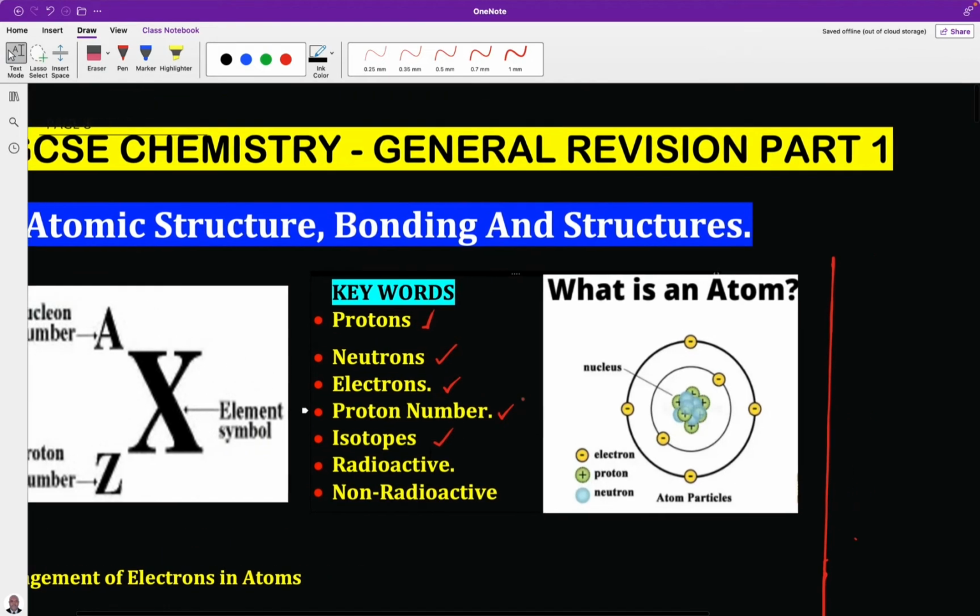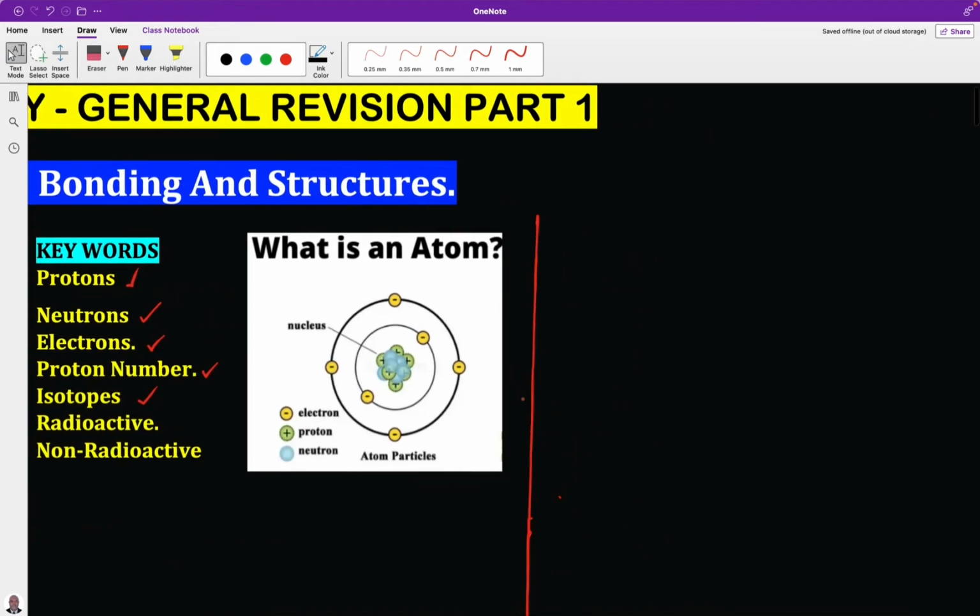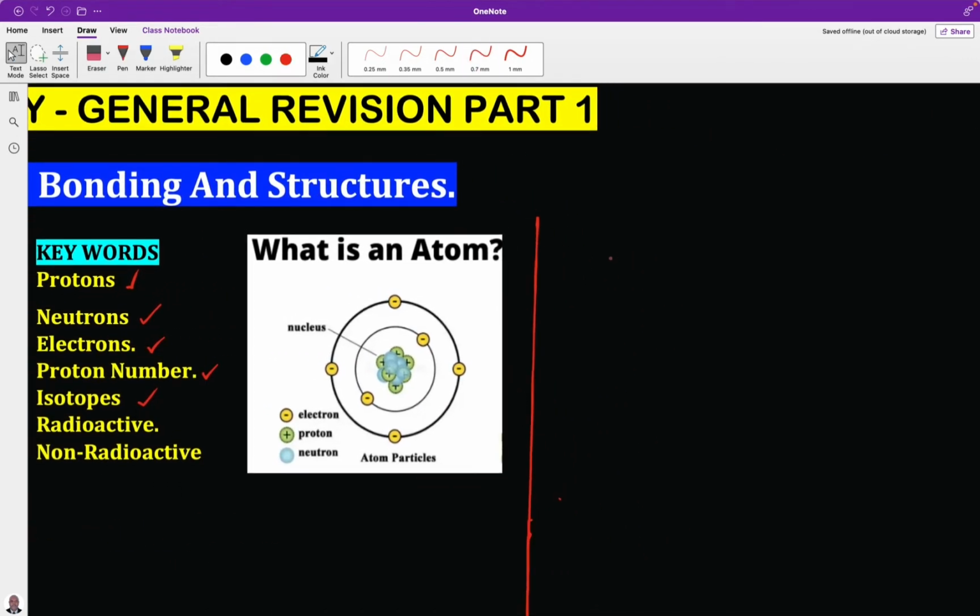So an isotope should be something that has the same atoms.